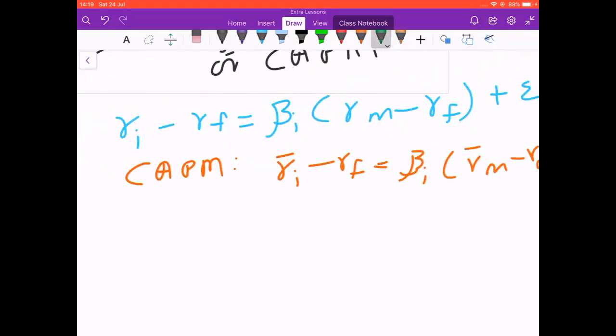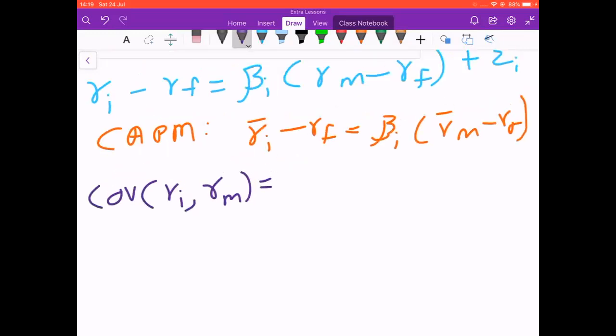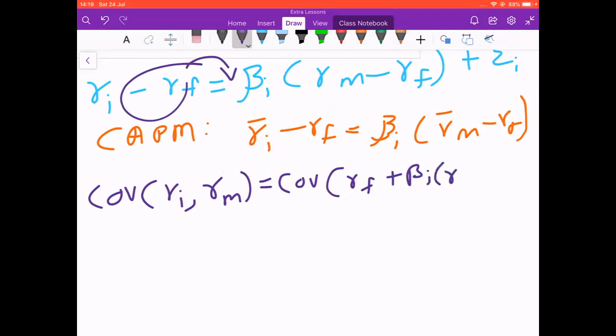So anyway, to find the covariance of the return I and the market, you just have to take this thing to the other side, and then you'll have the covariance of RF, beta.